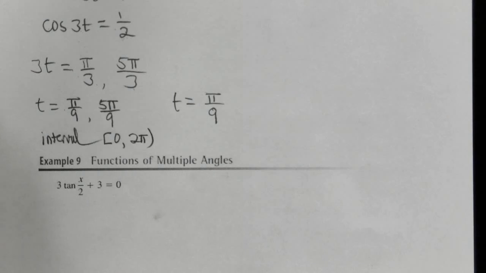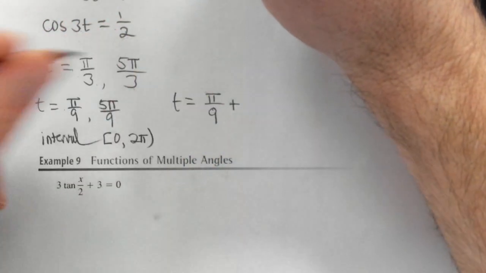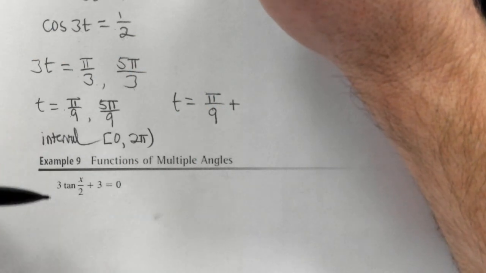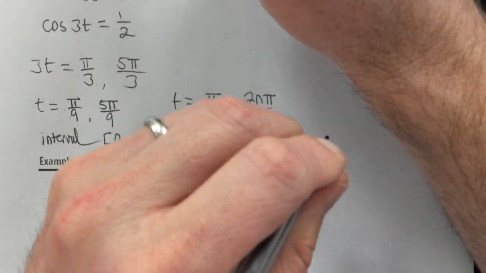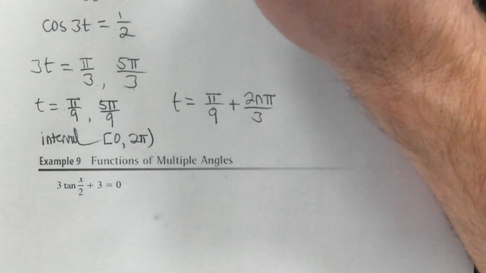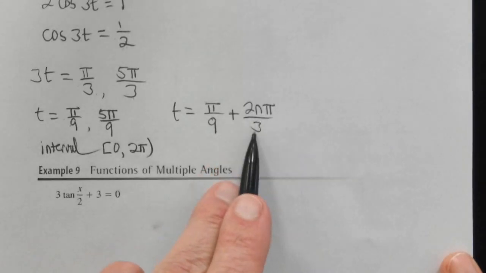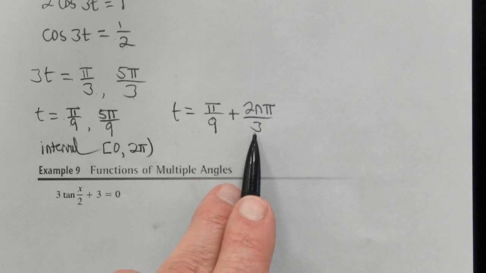But instead of just adding 2 pi in, just like how we divided the angle itself by 3, you also have to divide the period by 3. So that's going to be plus 2n pi over 3. Just like we adjusted the angle by dividing it by 3, to keep it equal, we also have to adjust the period in the general solution that we're adding to it by 3.